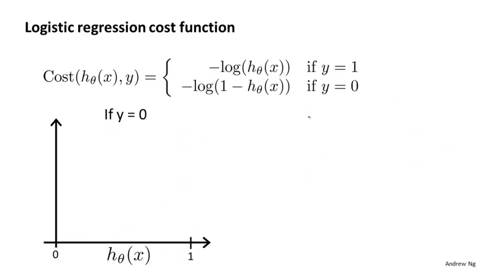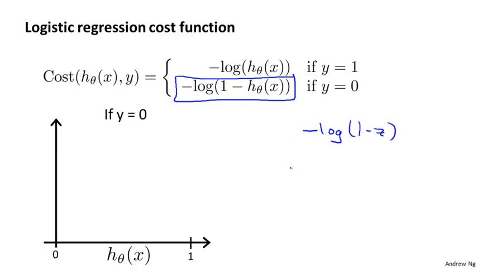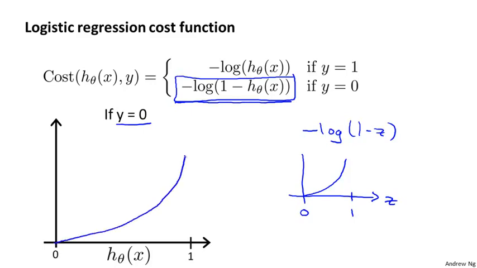Let's plot the cost function for the case of y equals 0. So if y equals 0, that's going to be our cost function. If you look at this expression, and if you plot minus log 1 minus z, you get a figure that looks like this, which goes from 0 to 1 with the z-axis on the horizontal axis. So if you take this cost function and plot it for the case of y equals 0, what you get is that the cost function looks like this.